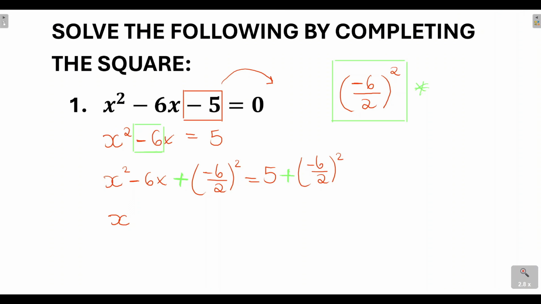Negative 6 divided by 2 gives us a negative 3. So that is the sign that we are going to write. After simplifying the inner brackets, that is the sign that you're going to put on your left hand side when you factorize it further. Let me actually write it down and simplify this further so that you guys see what's happening, so that you are not confused.